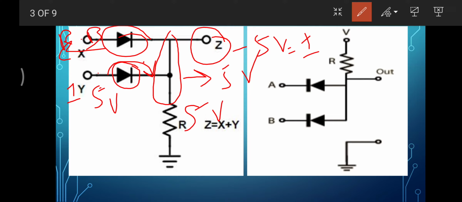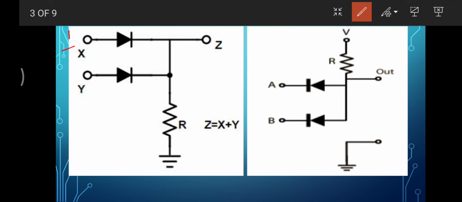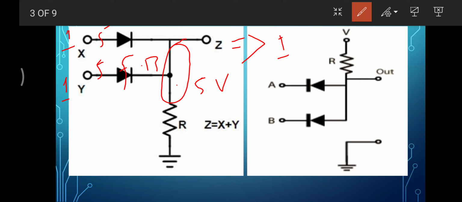or 1. Similarly, if we put 1 on both sides, both are 5 volt, both are forward biased, and this node is again 5 volt, hence the output is 1.